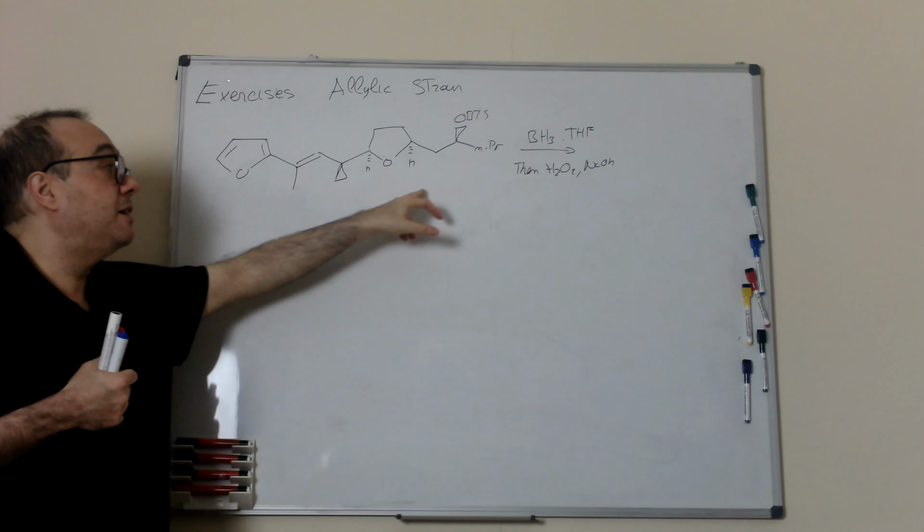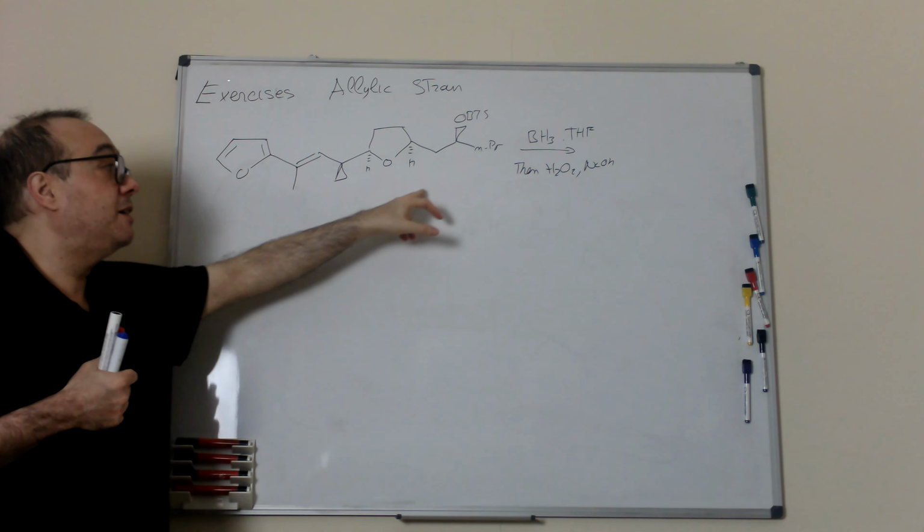Here we have the double bond where we will take the reaction, and here we have a chiral center in the alpha position. The first thing that we need to do is to draw this in the lower energy conformation. I will call all this group R, in order to make the drawing easier.